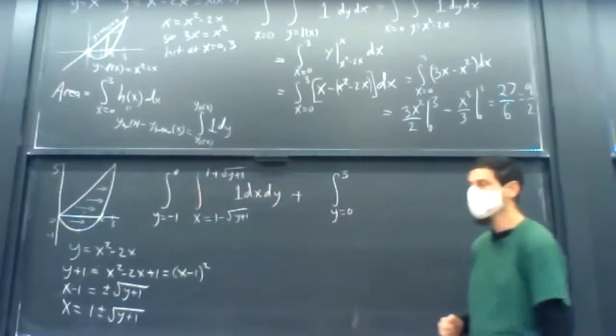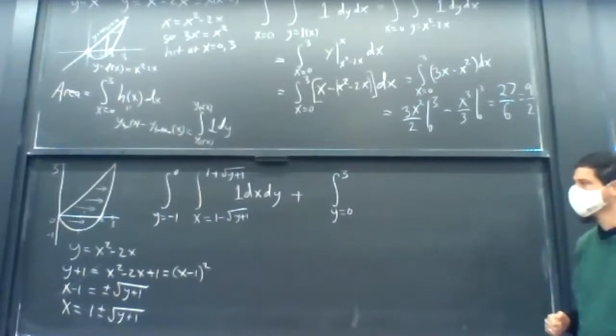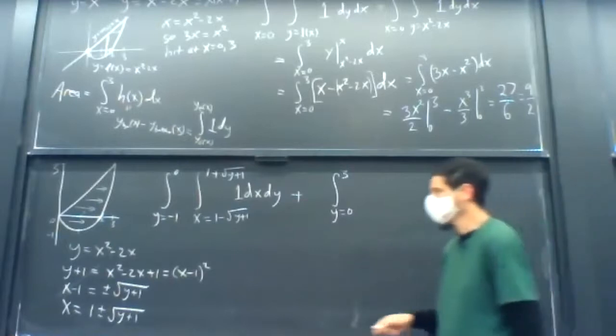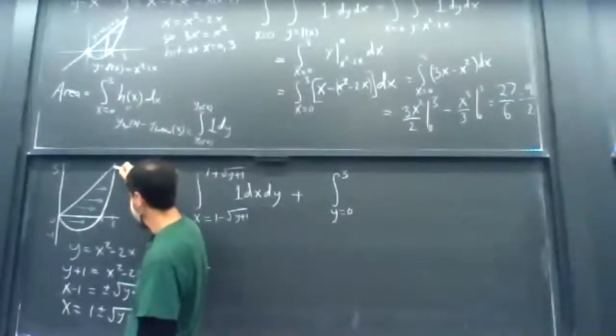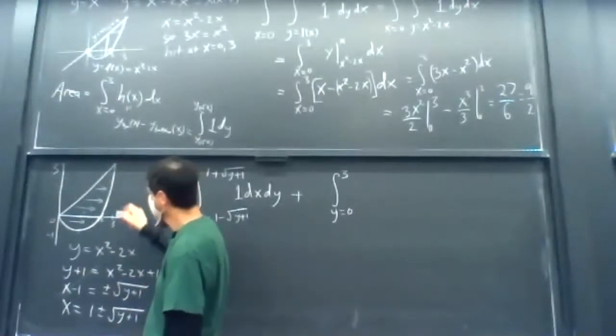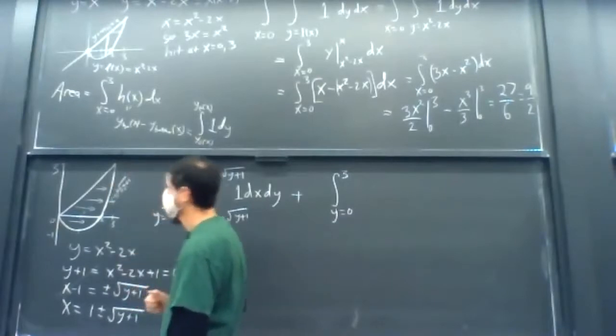And now for the other one, I have to figure out what x is as a function of y. Well, I already know that on this part of the parabola over here, it's the plus sign. So over here, this is going to be x equals the square root of y plus 1, plus y plus 1.